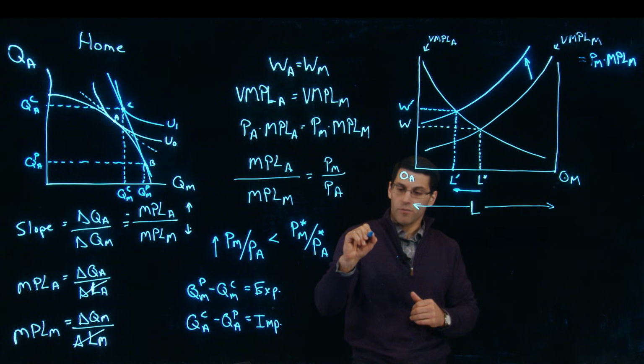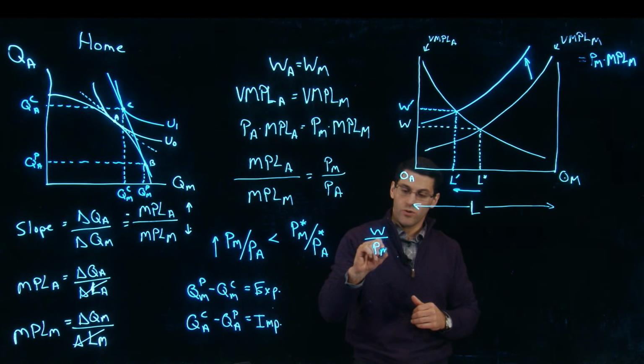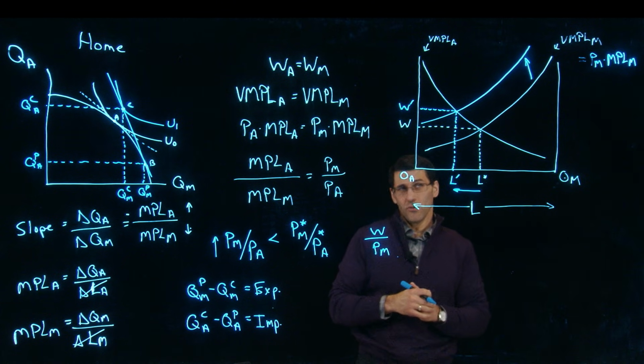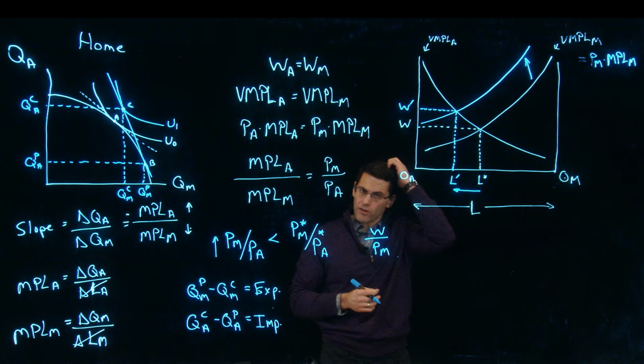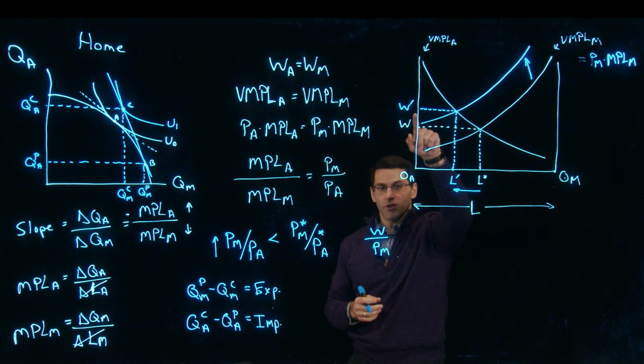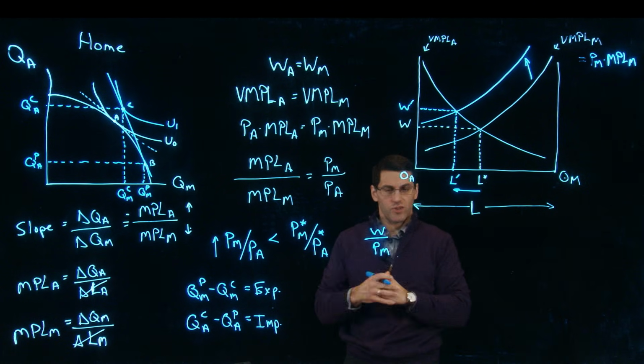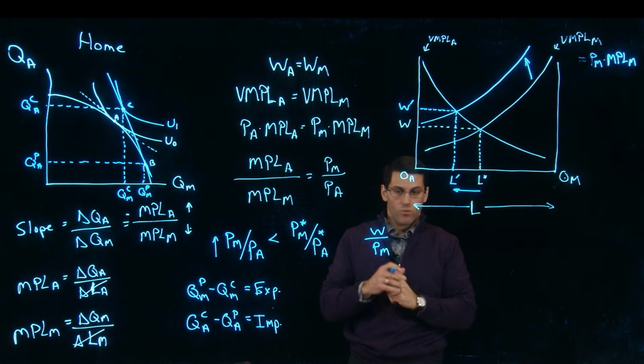And when we're talking about real wages, we're defining those over the price of the goods. So what's happened to that ratio, the wage over the price of manufactured goods? Well, at first glance, it's not clear. Because while the wage increased, in this example, that happened as a result of an increase in the price of manufactured goods. So the question then becomes, which change is bigger?